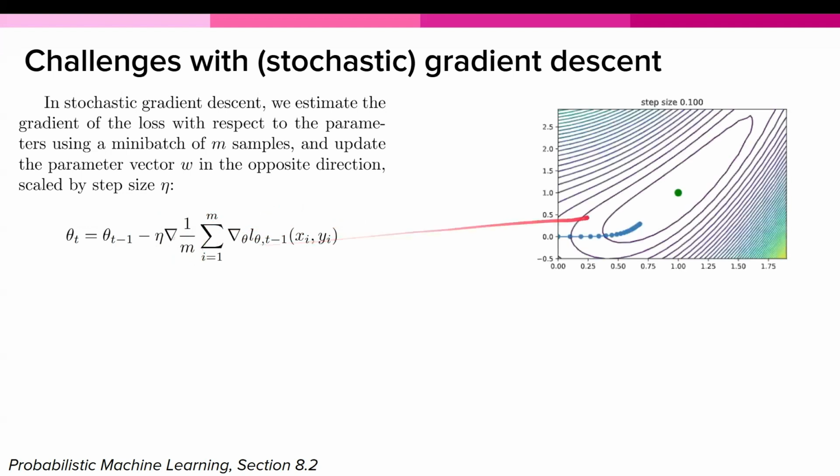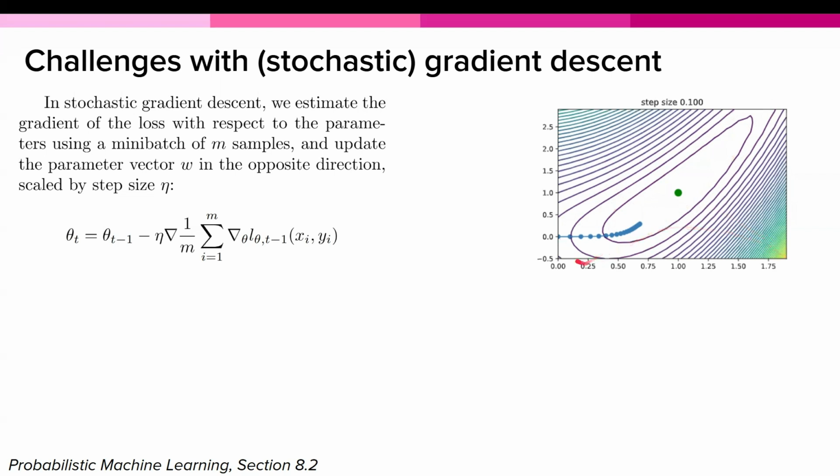The figure on the right here illustrates how gradient descent behaves on a loss landscape that is ill-conditioned. These contours represent regions of identical loss, and these dark colors represent low loss, whereas these yellower colors represent high loss.